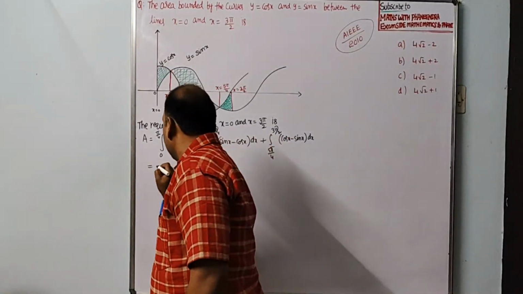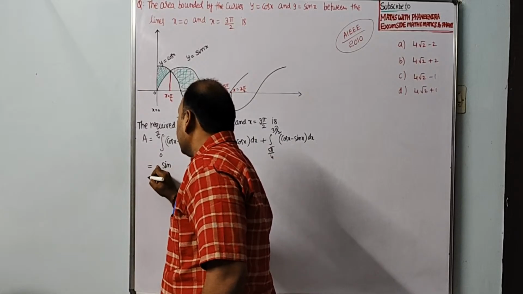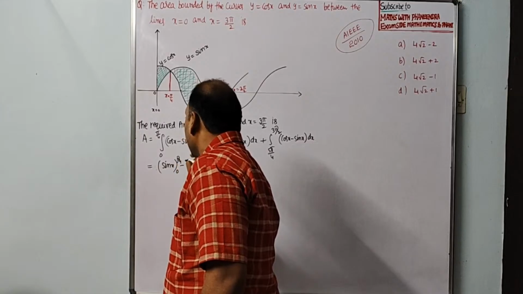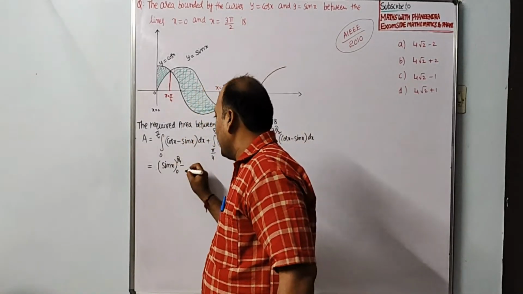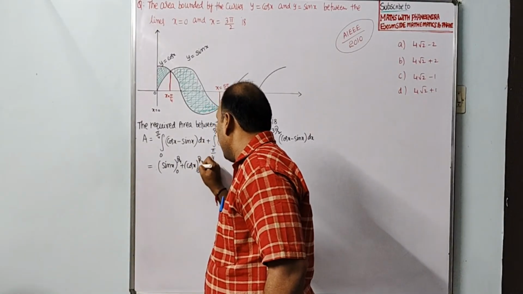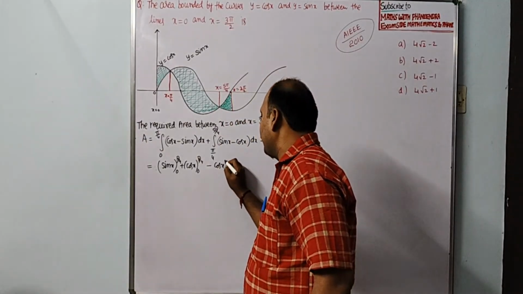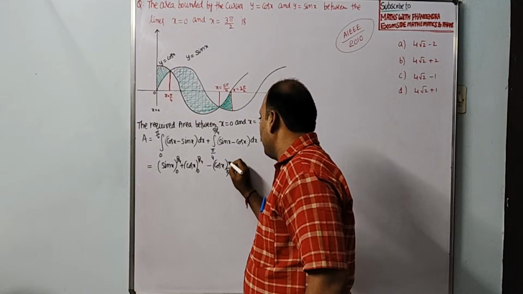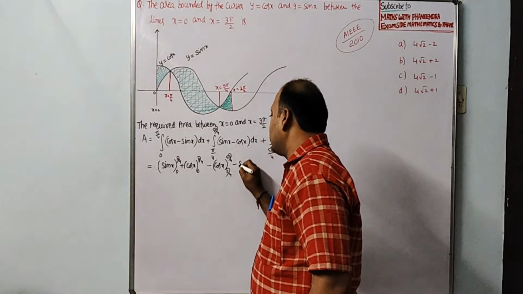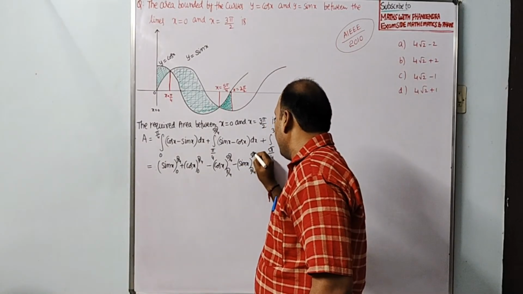So which is equal to integral cos x is sin x, 0 to pi by 4. Integral sin x is minus cos x, already minus this, there is plus cos x, 0 to pi by 4. Integral sin x minus cos x, applying the limits pi by 4 to 5 pi by 4, minus cos x, integral cos x is sin x, applying the limits pi by 4 to 5 pi by 4.